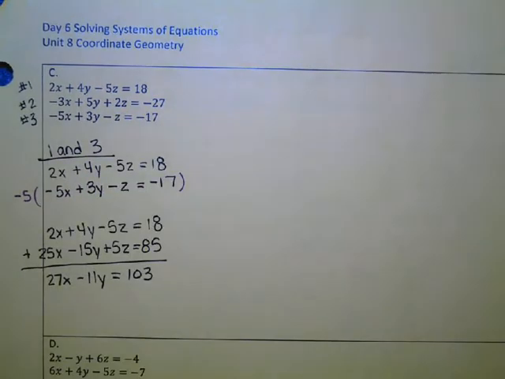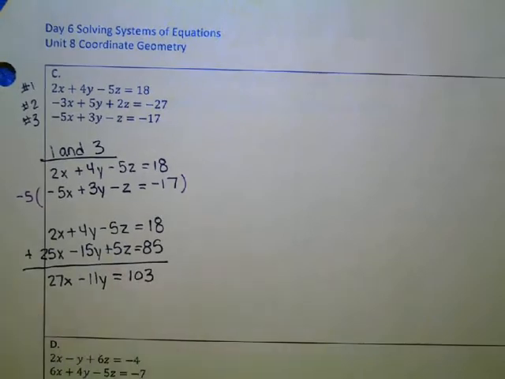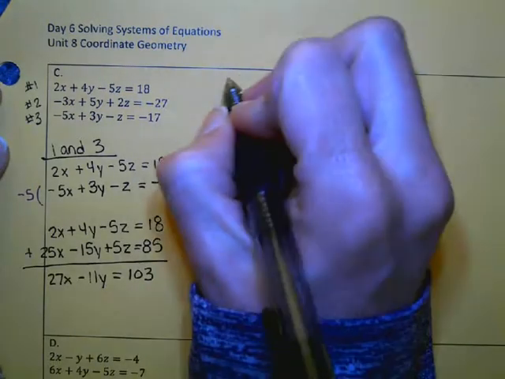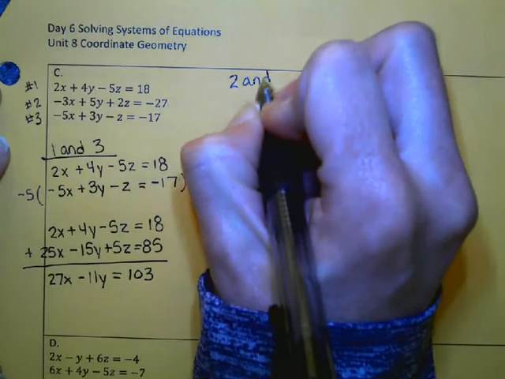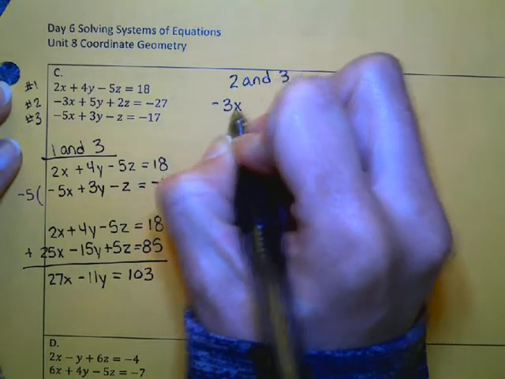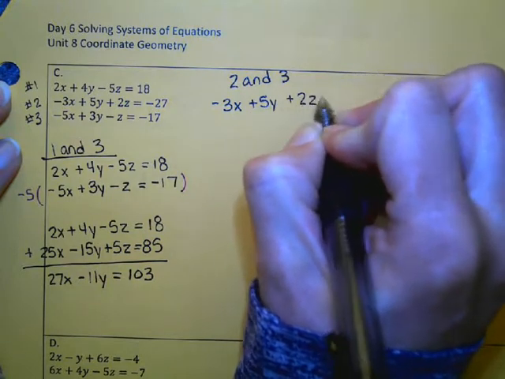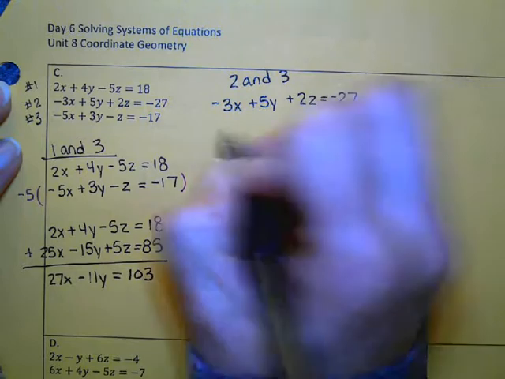So I chose two of the equations to do together, and now I've eliminated the Z, so I only have two letters left. So instead of using 1 and 3, let's do 2 and 3. Line 2 is -3x plus 5y plus 2z equals -27.